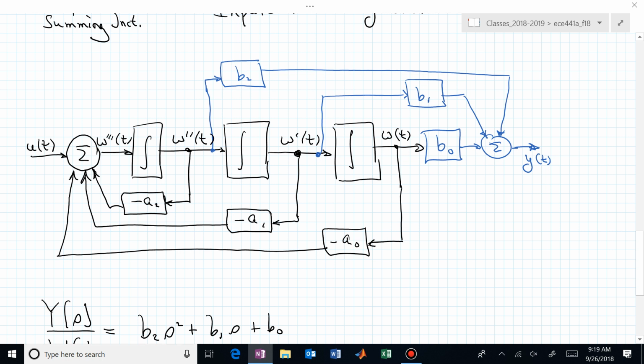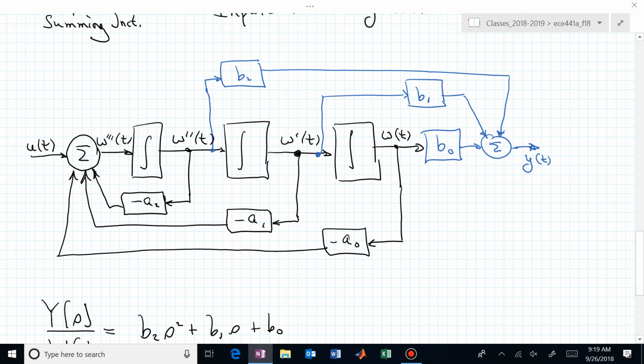What's your system matrix going to be dimensionally? Can you tell that just by looking at this block diagram? How big is your A matrix in dimensions? Your capital A. 4 by 4? How big is it? Is it 4 by 4? The system matrix A?